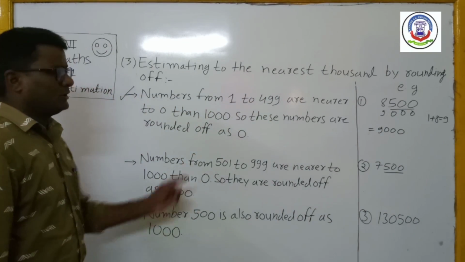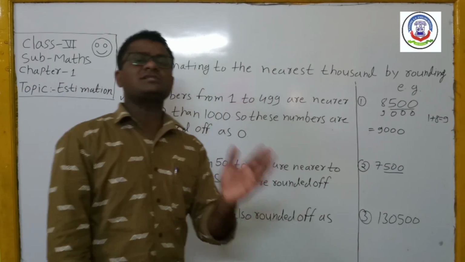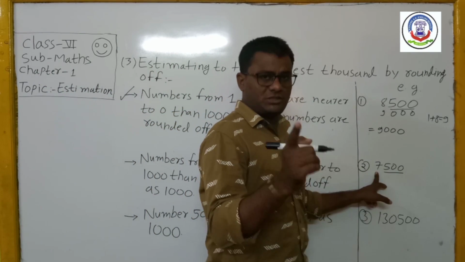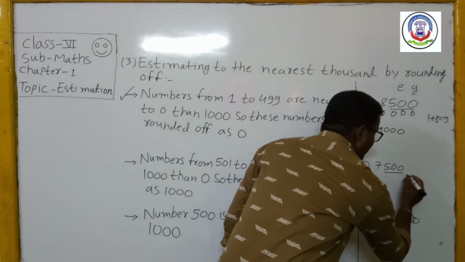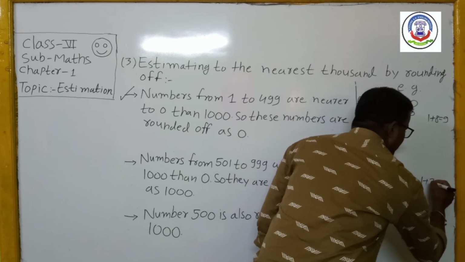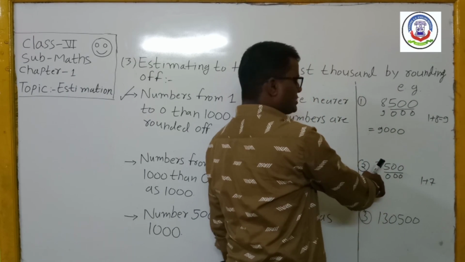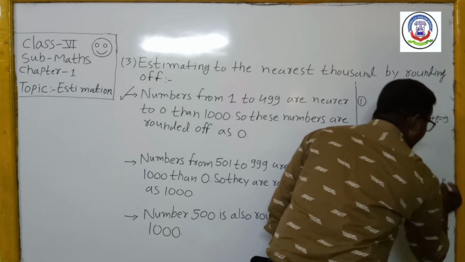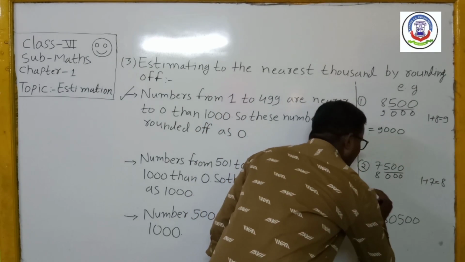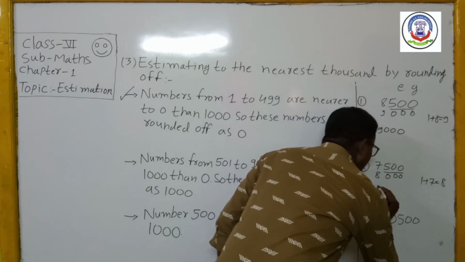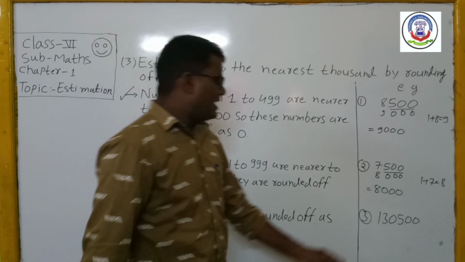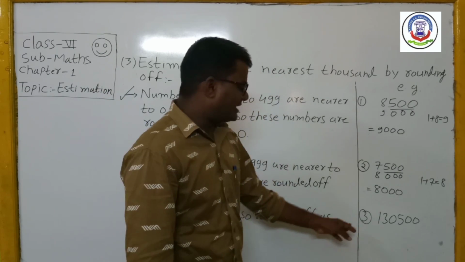According to this point, this is also rounded off as 1000. Means what? 1 is added to the 1000 place digit. So it will become 000 and what is the 1000 place digit? 7. So it will become 8. So I write 8 below 7. So the required rounded off number is 8000.